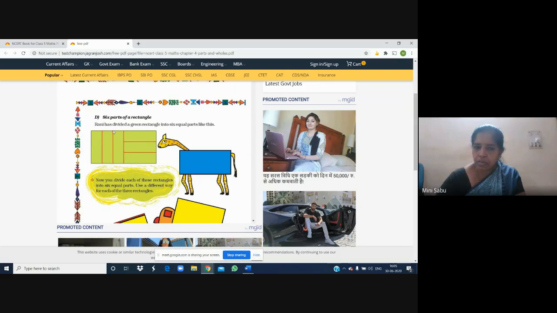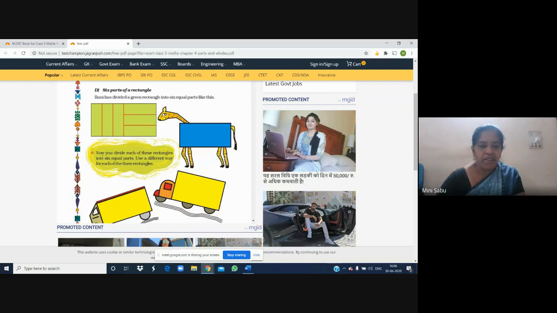Then in the first part, she divided it into 3 equal parts by drawing vertical lines, 1, 2. Okay, then 1, 2, 3 parts. Okay, and in this one, instead of vertical lines, she drew 2 horizontal lines to make 1, 2, 3 equal parts. Okay, then total 1, 2, 3, 4, 5, 6 equal parts are there.